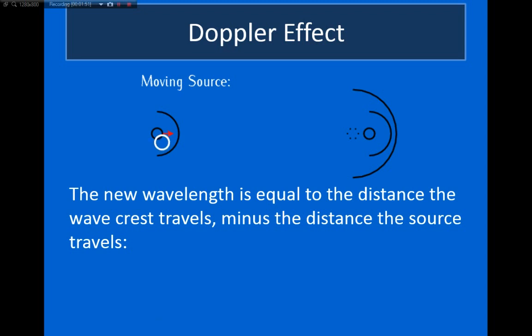So, as we can see here, the new wavelength of the wave when the source is moving is going to be equal to the speed that the wave was moving at minus the speed of the source times the period of the source, which can also be written as this, c minus vs divided by frequency.